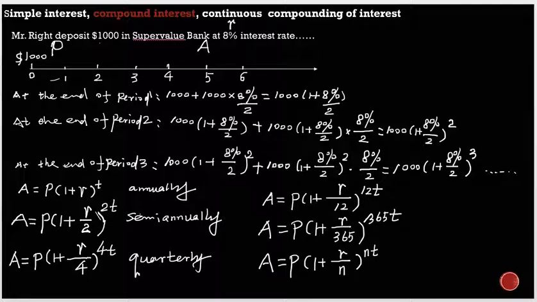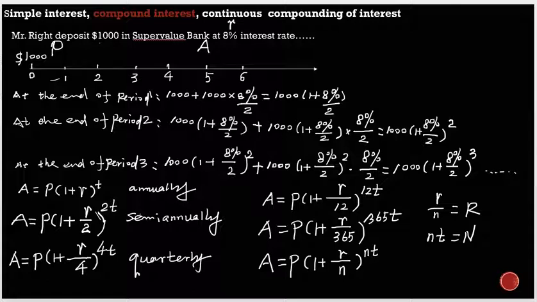And sometimes we just denote R over n as capital R, with nT as capital N. That means R is the interest rate per period and N is the number of compounding periods.